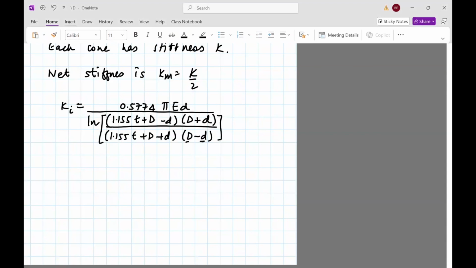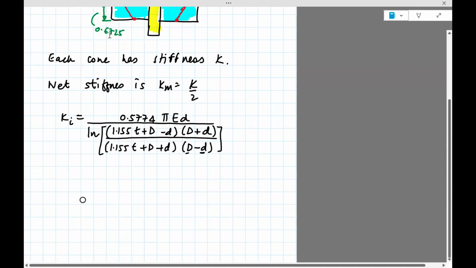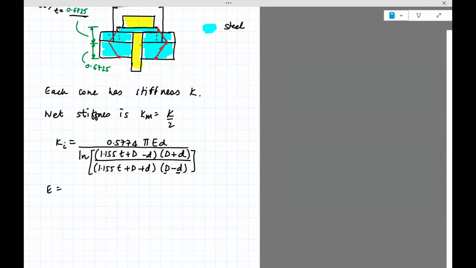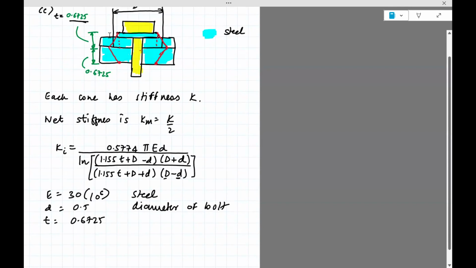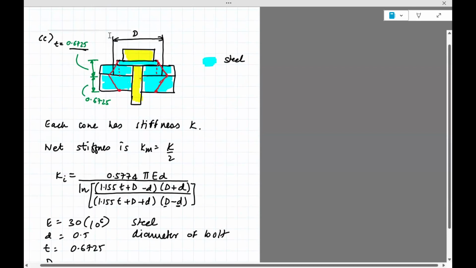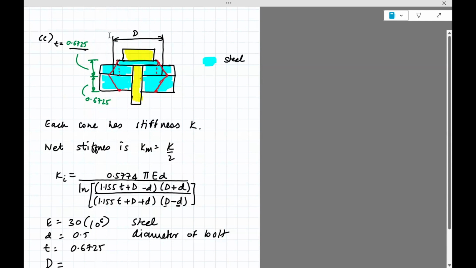So in this formula, E is 30 times 10 raised to 6. This is for steel. d is still 0.5, diameter of bolt. T is simply 0.6725. We're only considering one and then just taking the half, right? And then uppercase D is just... wait, this is not right. This is d.